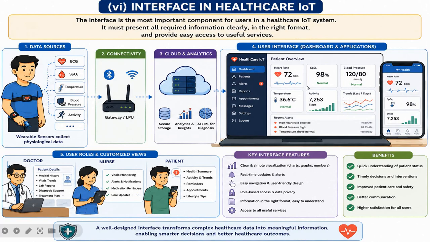Now here you can see a healthcare IoT dashboard which represents the user interface. The dashboard organizes the complex healthcare data into easy to understand formats such as charts, graphs, numbers, and alerts, and important patient information including heart rate, blood pressure, oxygen level, body temperature, activity records, and health trend.